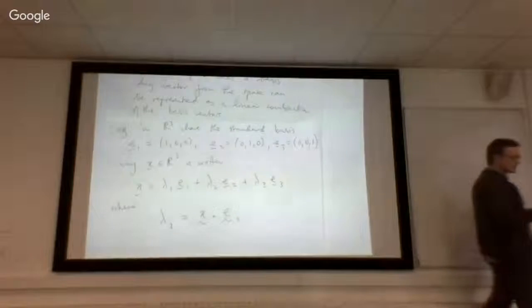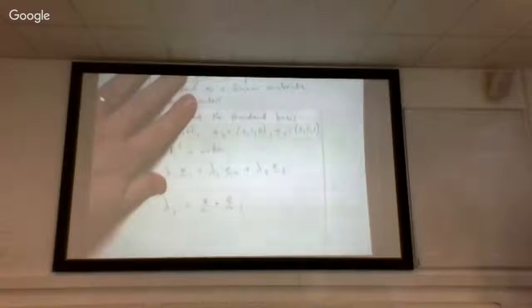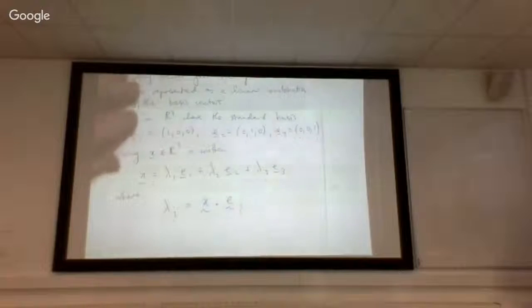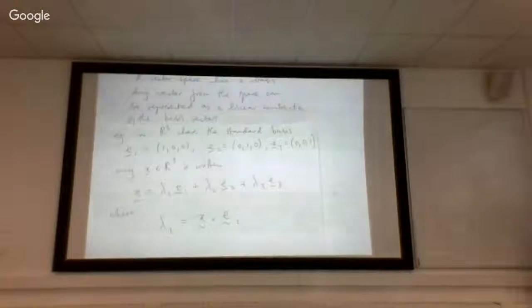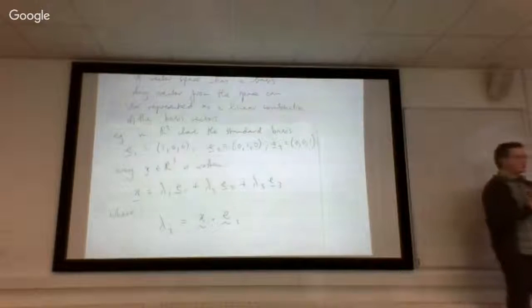In that case, you have this nice, pleasing, symmetric relationship that the component of a vector is simply the dot product of the vector with the basis vector.